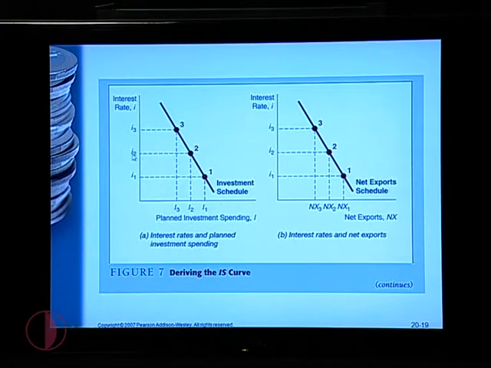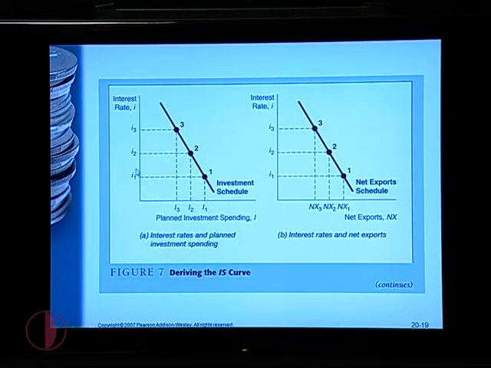So we can see here, from I1, I2, I3, this is the plot of interest rates against planned investment spending I. At a lower level of interest rate, a higher level of investment is achieved.